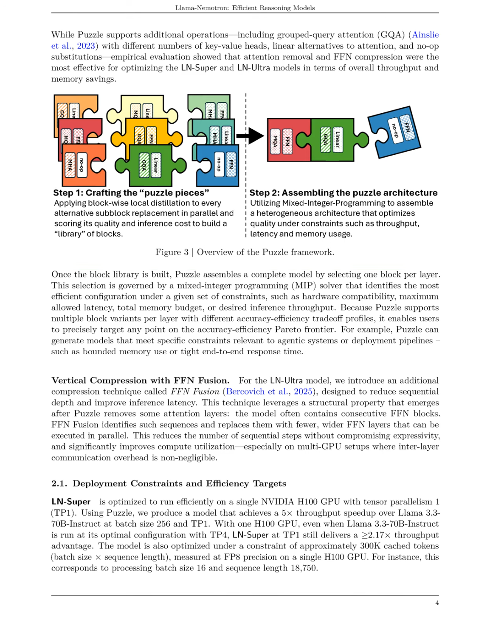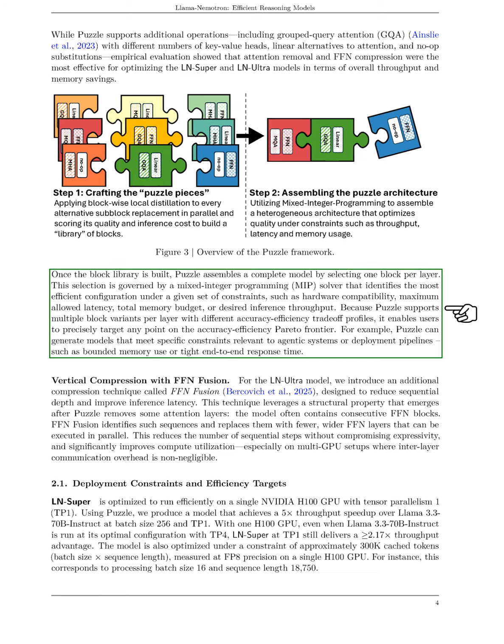In this section, we discuss the development of the Llama-Nemotron family of reasoning models, which are designed for high inference efficiency and exceptional reasoning capabilities, allowing users to toggle between standard and detailed reasoning modes. We also outline the optimization process using the Puzzle framework, which employs neural architecture search to create hardware-efficient model variants while balancing computational cost and accuracy.